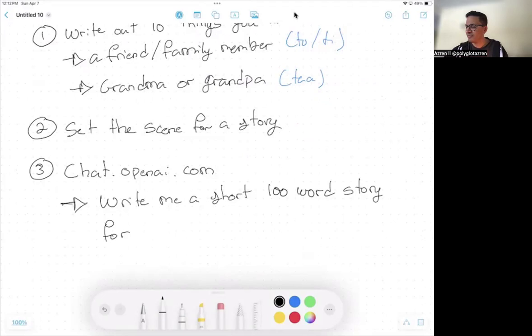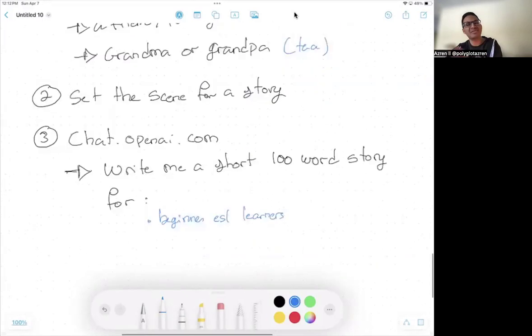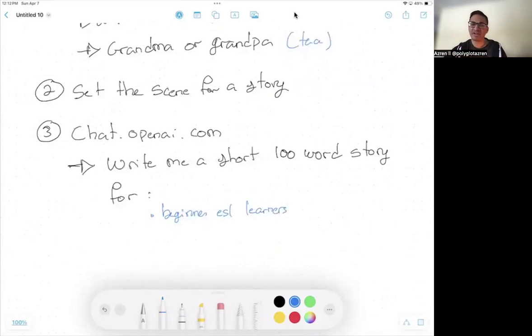You can play with it. Option 1, I'll use blue: beginner ESL learners. That might be worth trying. I'm not sure because some of these might be too complicated, so you want to find something that'll be a little bit easier. That might give you something easy. You can also try for a 5-year-old, or actually even better, for a 3-year-old, really young age.